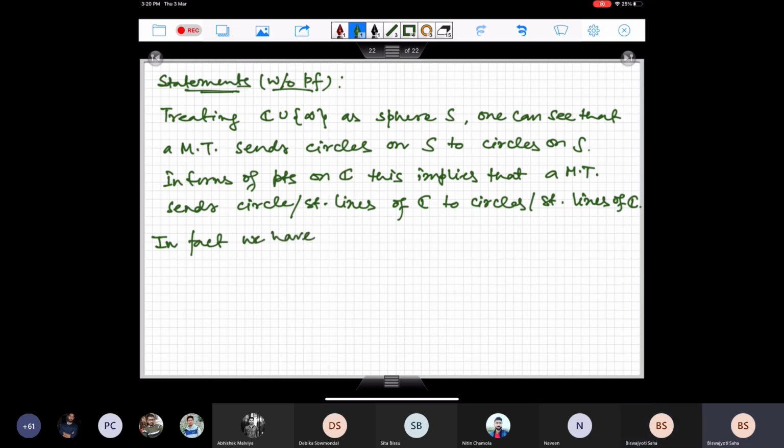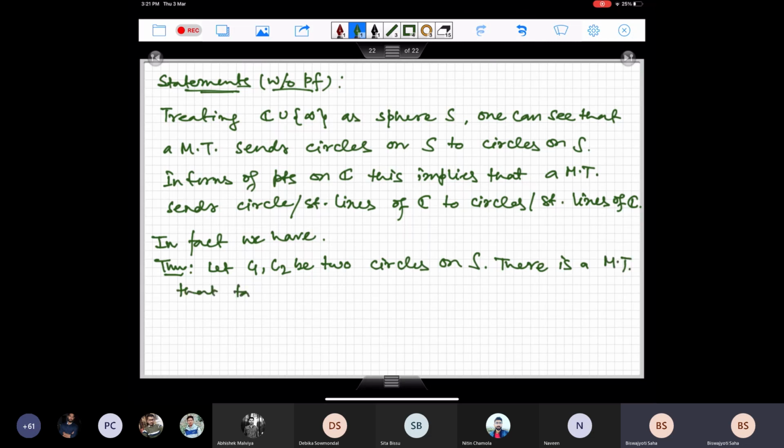We have a theorem of the following kind: let C1, C2 be two circles on S. There is a Mobius transformation, not unique, that takes C1 to C2.